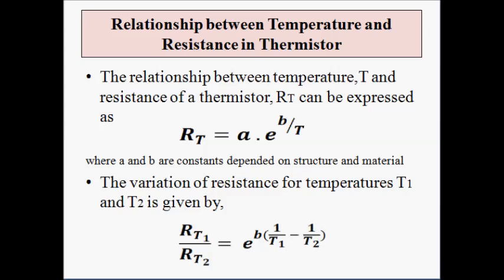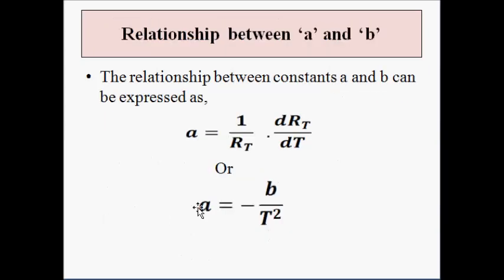Now, the relationship between the constants A and B can be expressed as A = (1/R_T) times the derivative of the thermistor resistance with respect to the temperature, which is given by A = -B/T². Please note down these expressions, it will help you understand it in a better way.